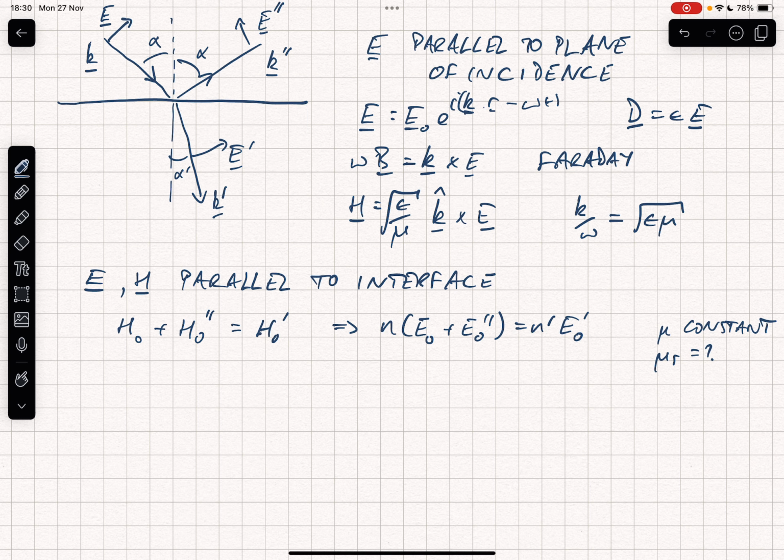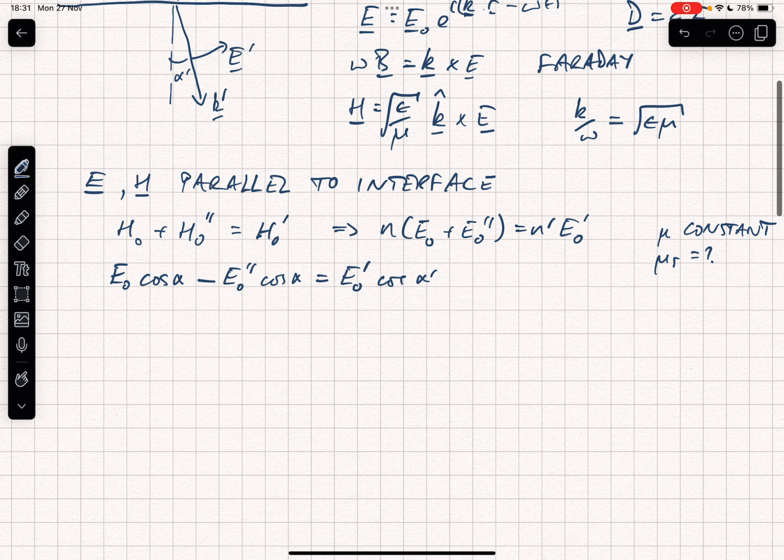Thinking about components of the E field parallel to the interface, we can write that E0 cos alpha minus E0 double prime cos alpha must equal E0 prime cos alpha prime. So we now have everything we need. It's just now a case of rearranging.